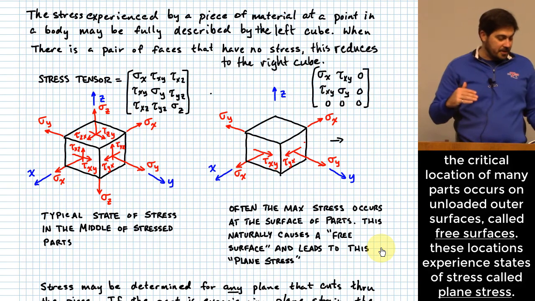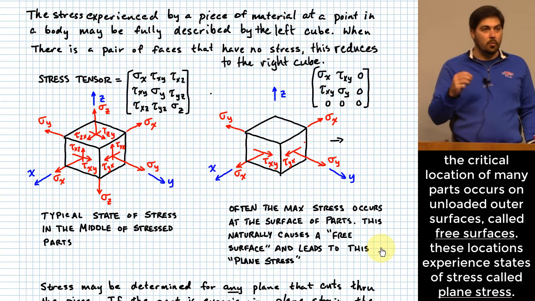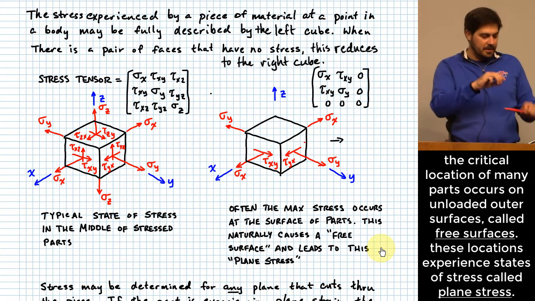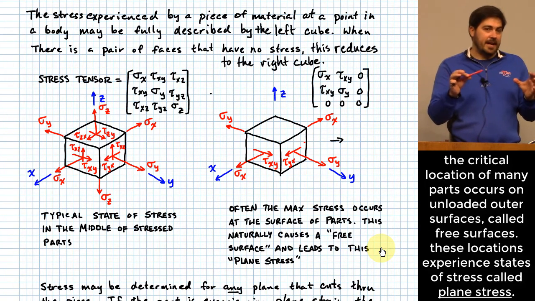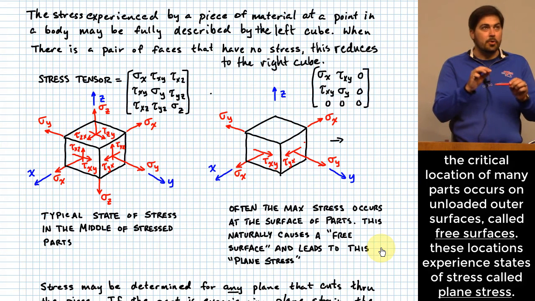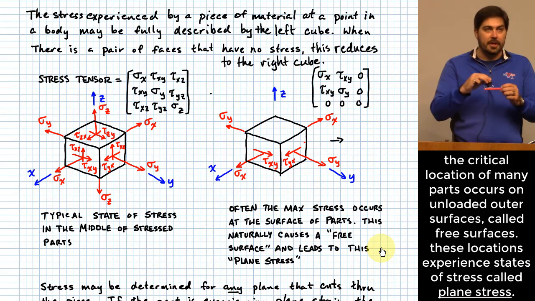Well, it turns out that that's the way it is for most types of stress. Usually your worst case is going to happen out on the outer surface of your parts that are being stressed, okay? Now, having said that, that makes those particular elements easy because you have what's called a free surface.